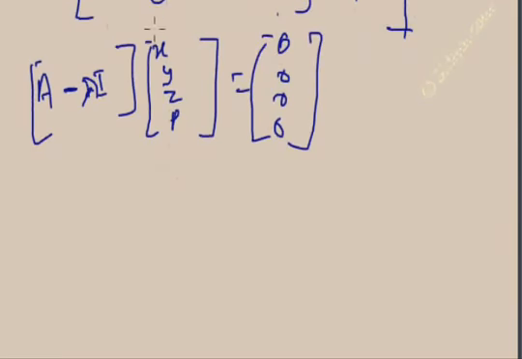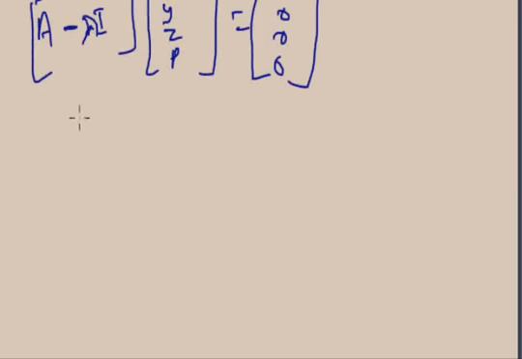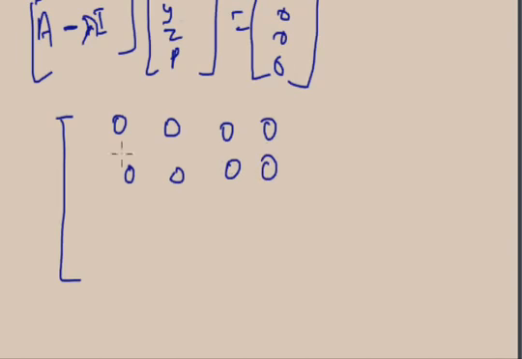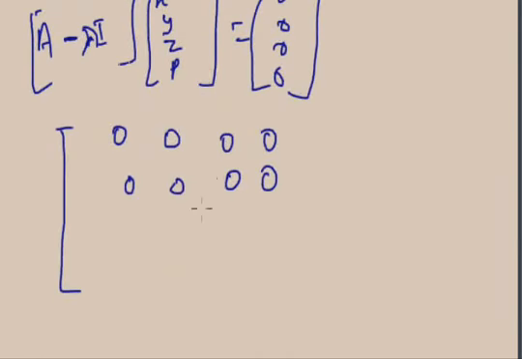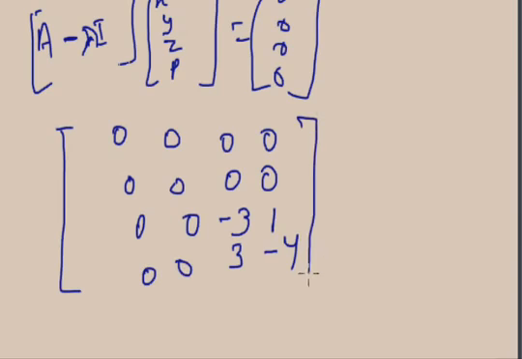So A minus lambda I will be 1 2 3 4 1 2 3 4, 0, and the rest will be 2 minus 5 means minus 3, 1 and 3, and 1 minus 5 means minus 4, and the rest of the elements are 0, and x, y, z, p is equal to 0.